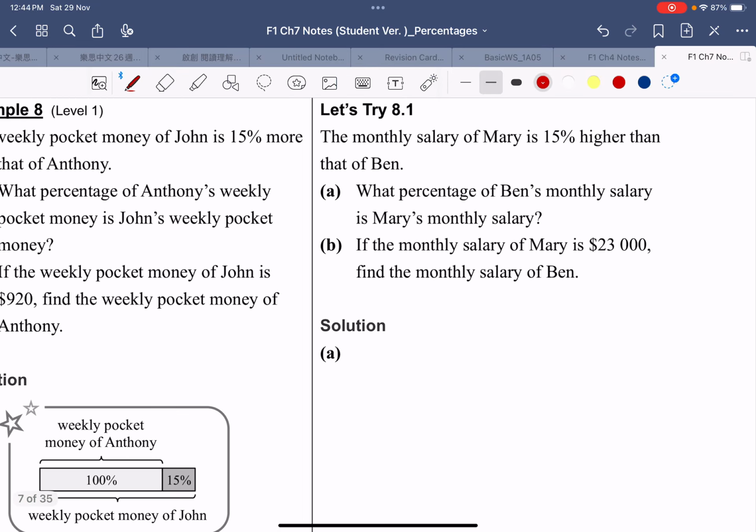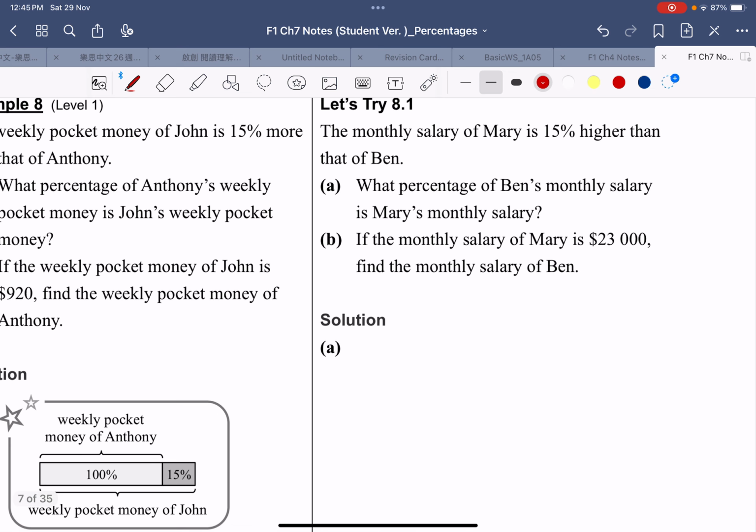Same thing. I think you can directly write down the monthly salary of Mary first, okay?